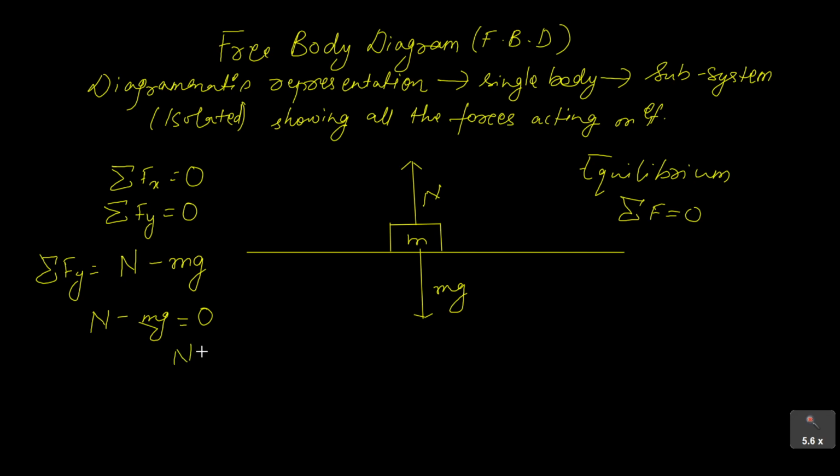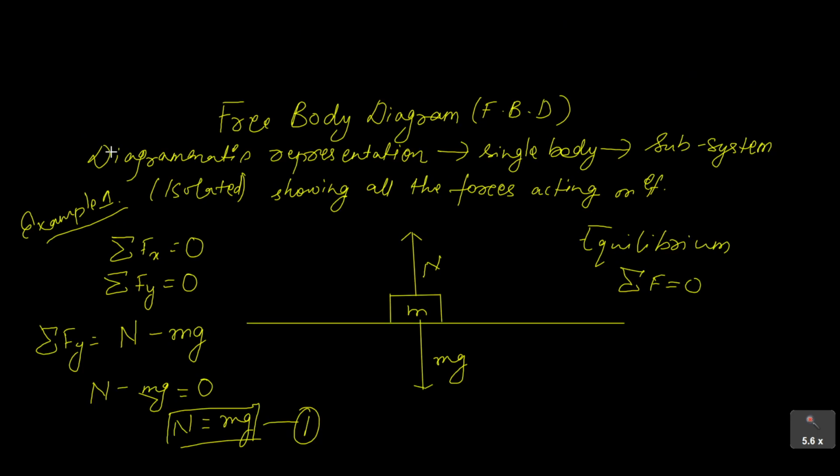So here N will be equal to mg. This equation we derived from the free body diagram. You can consider this to be your example one, a very simple example, from where you can understand the concept of free body diagram.